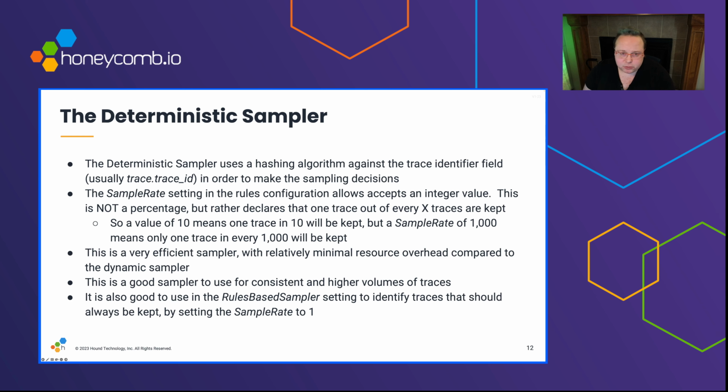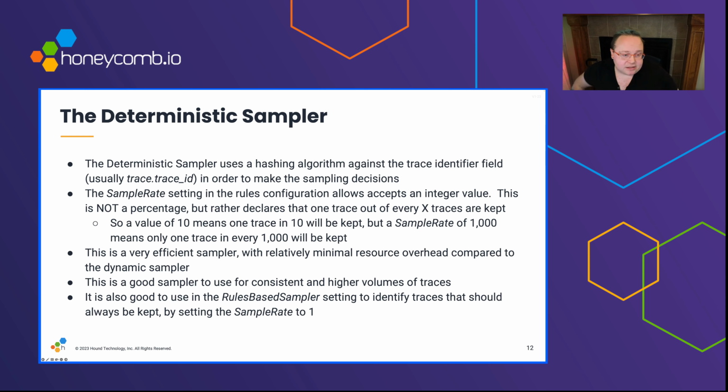It's a very efficient sampler. It takes pretty minimal computing and RAM resources compared to the DynamicSampler or ThroughputSampler or other samplers. And it's really good for consistent higher volumes of traces. So basically, you want to apply this to data where you're fairly certain of how many traces per second you're getting, so that you can calculate your margin of error and be happy with what that margin of error is.